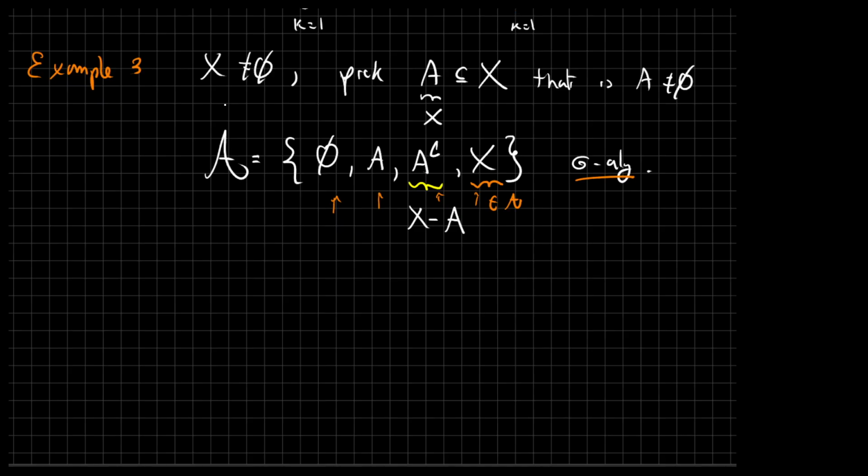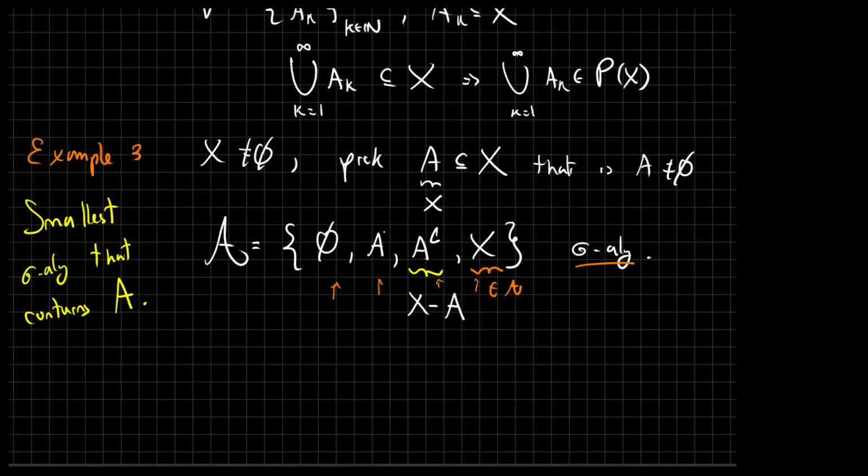So this is our third example, and this is also the smallest. But this is not the smallest algebra that is in X, but the smallest sigma algebra that contains A. Of course, if A is X, then this will be equal to this, and this will be equal to this.